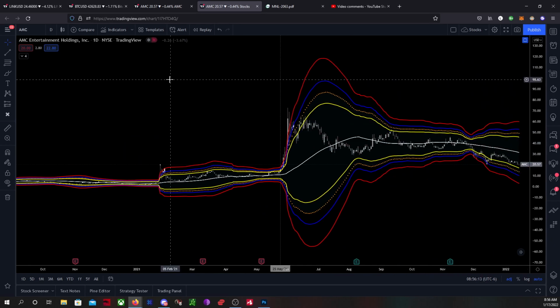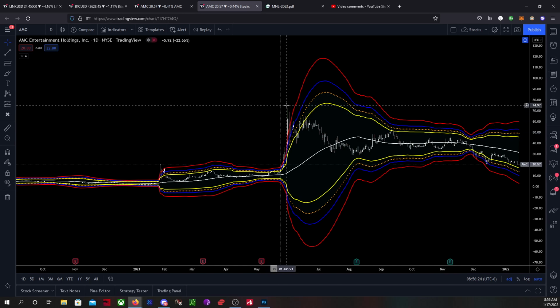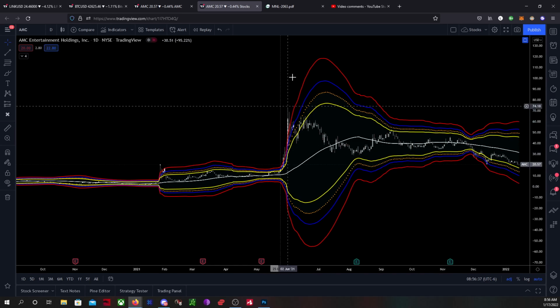That's what you're going to see during a squeeze. So again, here you saw the Bollinger Bands begin to contract, and then you see the expansion because the volatility increases as you get this big parabolic move that drives up the price. Now, the thing about parabolic moves is they have a velocity to them, meaning they have a momentum. They are going straight up.